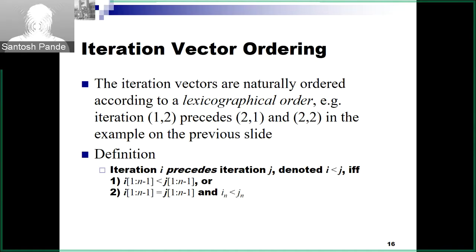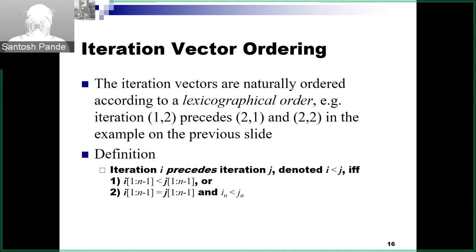One is the vector itself, I through n minus 1, is less than j, 1 through n minus 1. So in other words, whatever is the instance of I there occurs before the instance of j. That is one possibility.